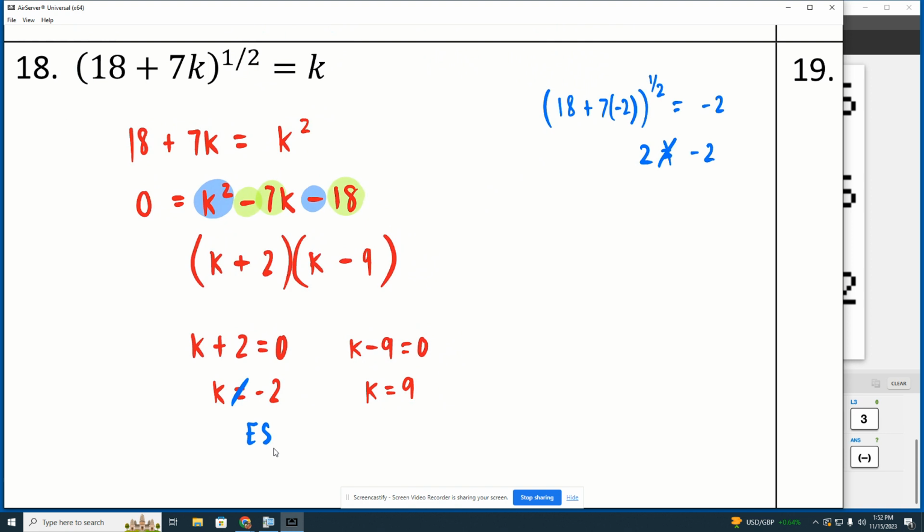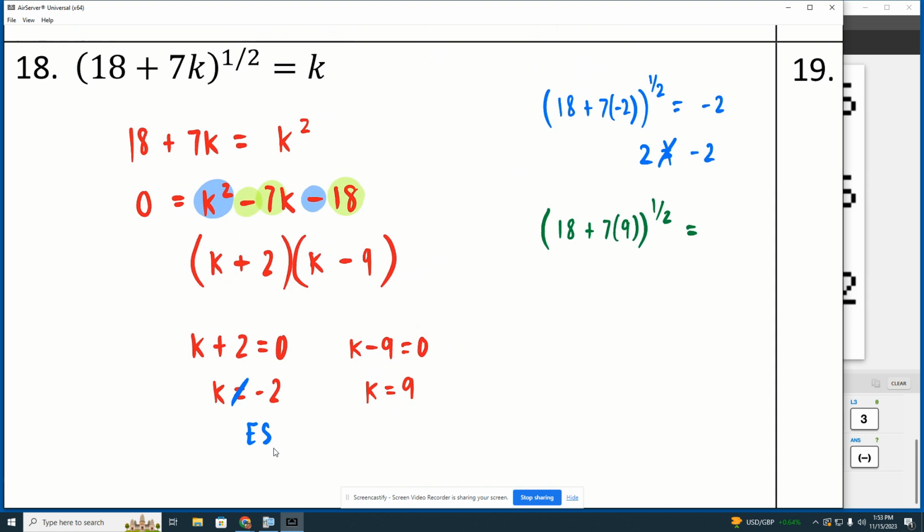Okay, last one, number 9. Again, I'm going to try it right below this. I'm going to type in open parenthesis 18 plus 7 times 9, close that parenthesis, and raise it to the 1/2 power.